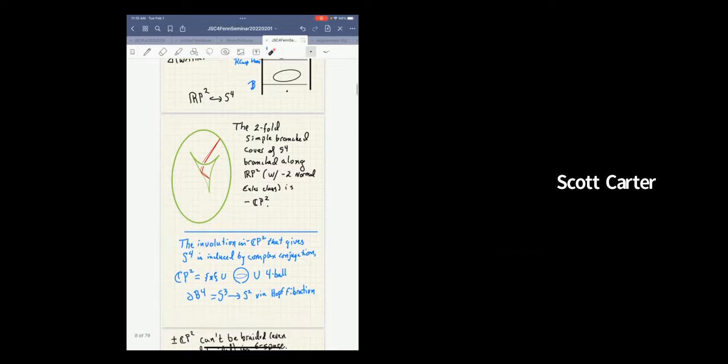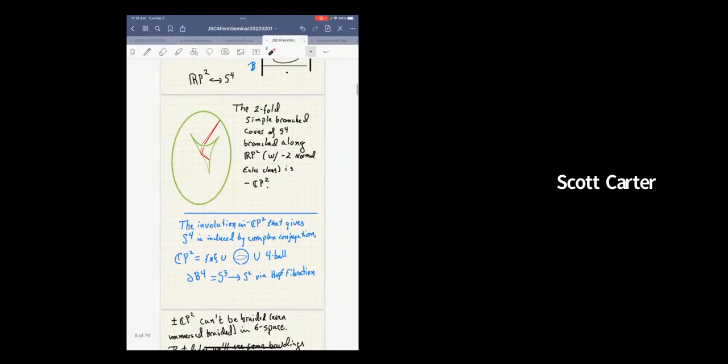And I haven't worked out all of this bit here, but the involution on CP2 that gives S4 is induced by complex conjugation. I guess that's a homework problem. And I just want to remind you that CP2 is made from 3 different cells. There's a 0 cell, which is just a vertex. There's a 2 cell, which wraps around and touches the vertex.